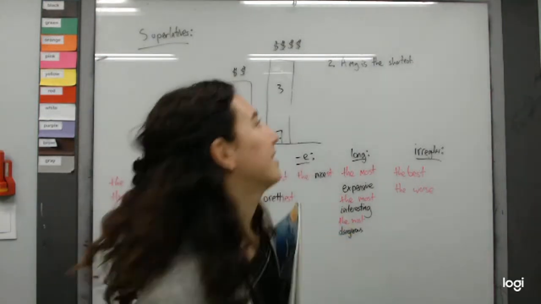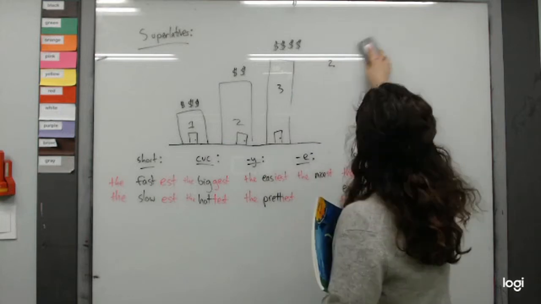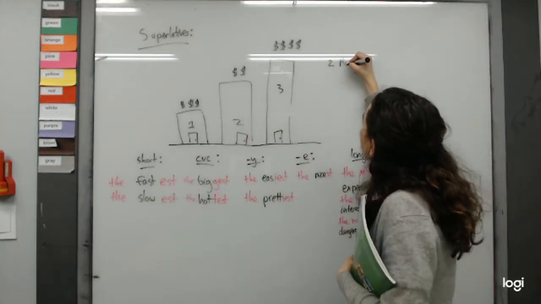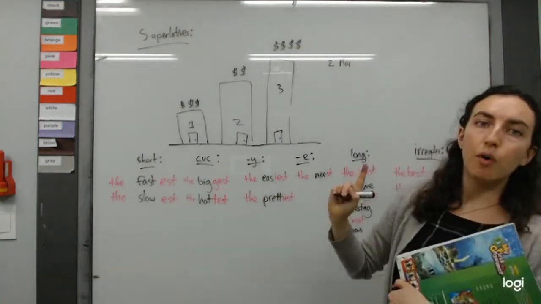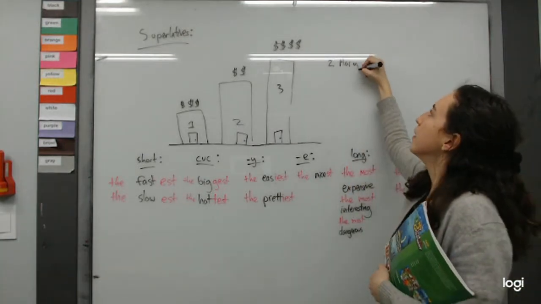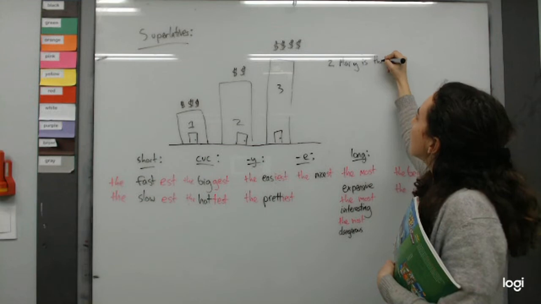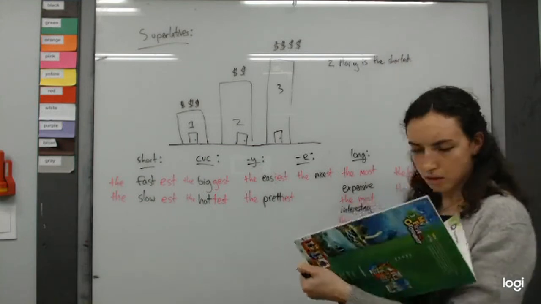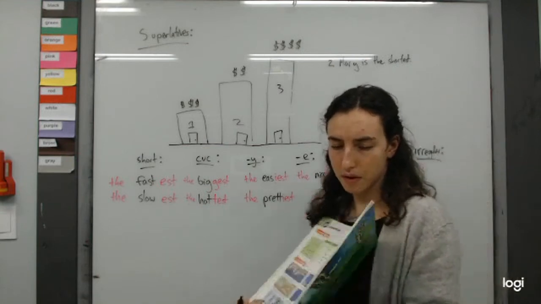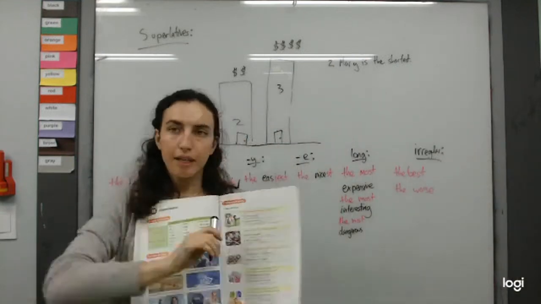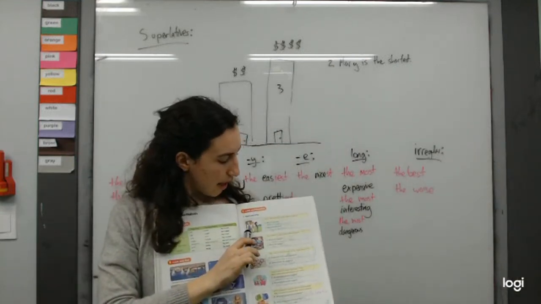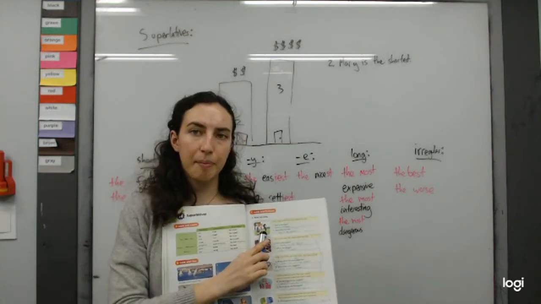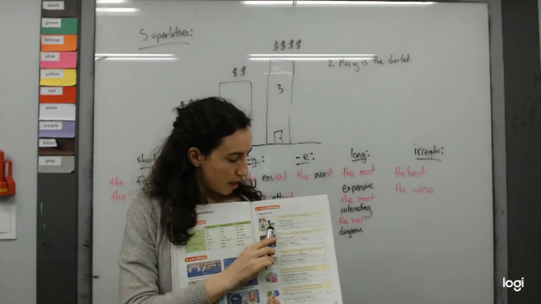The book is wrong. We can write, for question number 2, Mary is the shortest. So look at the book, we see Karen, Amy, Mary, and we see in the picture Mary, girl number 3, is the shortest.